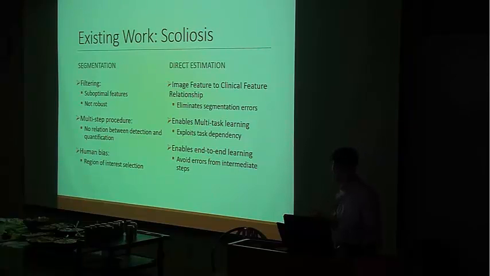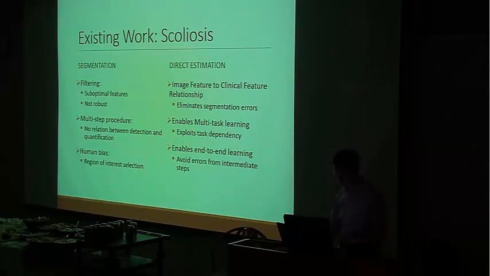You also need multiple steps, so there is no way to incorporate the relationship between detecting the actual vertebra and the clinical measurement of curve angles. There's also a certain amount of human bias involved, because current segmentation methods are usually semi-automated, meaning that they require some user interaction to select a region of interest.